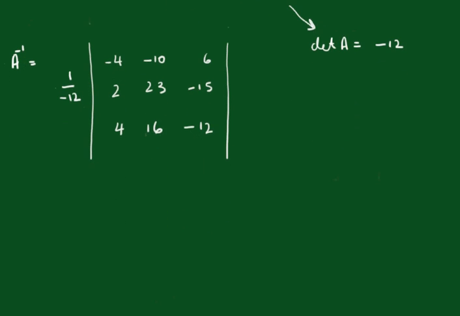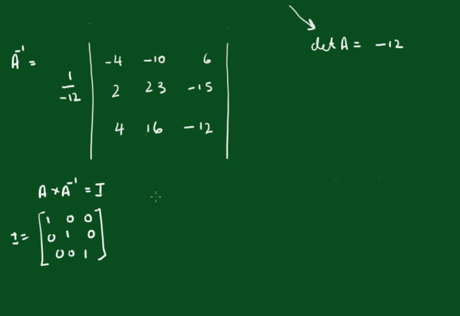Now, what you need to do though is just to verify that is the case, is to check, and the way we do that, we simply say that A times A inverse gives us the identity matrix, and the identity matrix in this case is going to be 1, 0, 0, 0, 1, 0, 0, 0, 1.